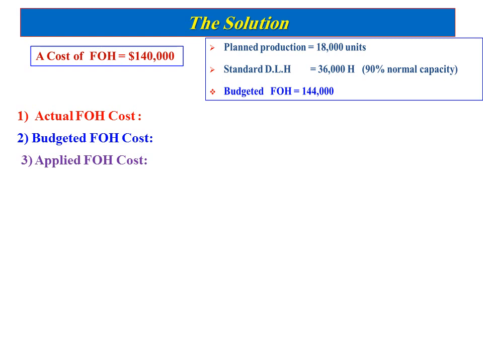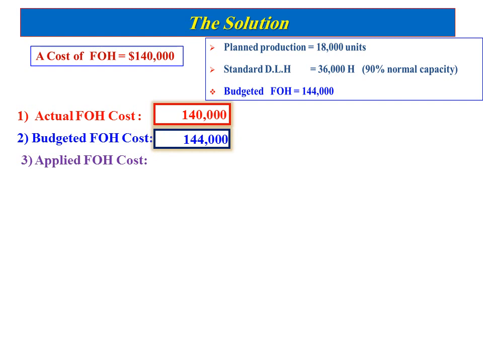Here I have actual given 140. It's given here. You need budgeted. Here budgeted and the fixed. Again, fixed overhead must be the same. It's fixed. Okay?